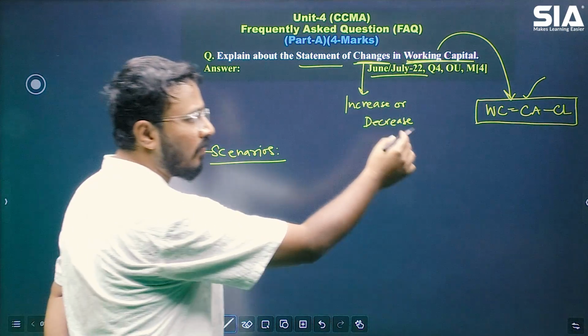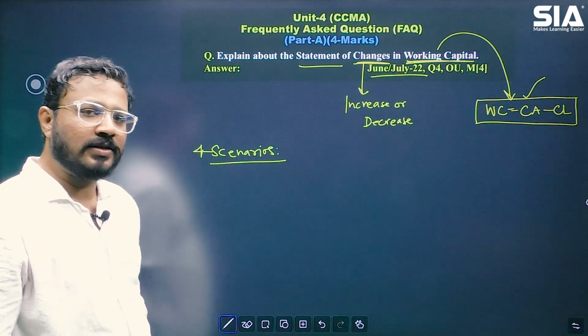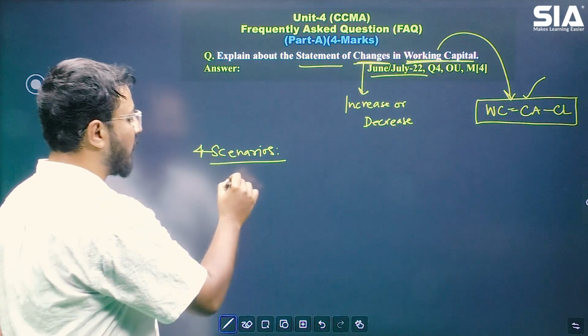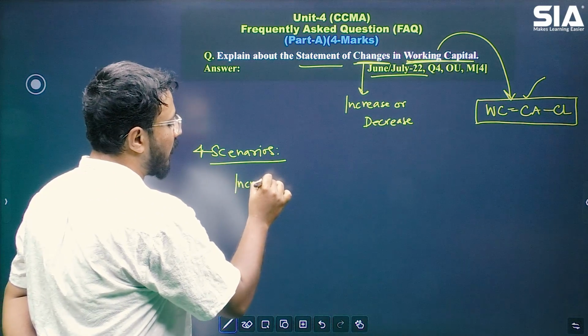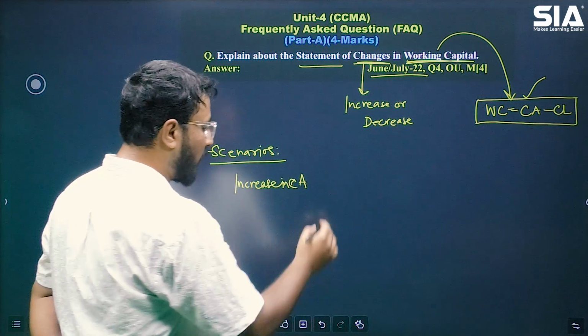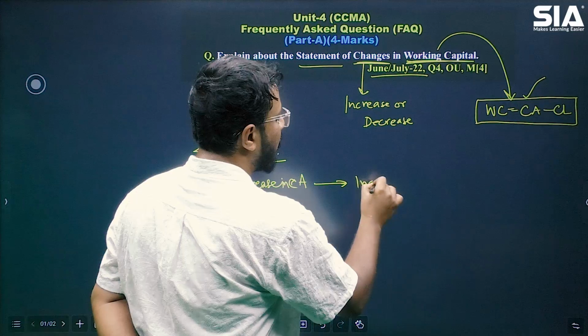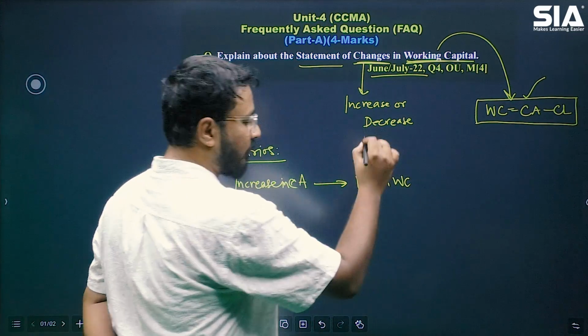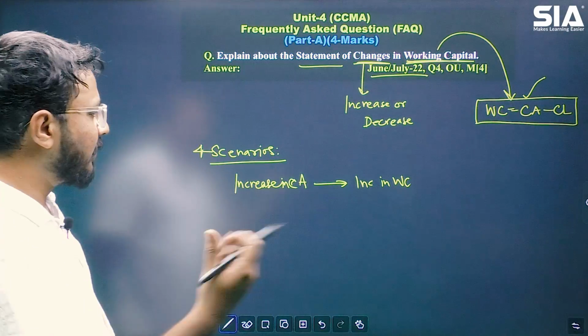Since we know working capital is current assets minus current liabilities, जैसा current asset increase होगा, increase in current assets will lead to increase in working capital. Let's take an example and understand.